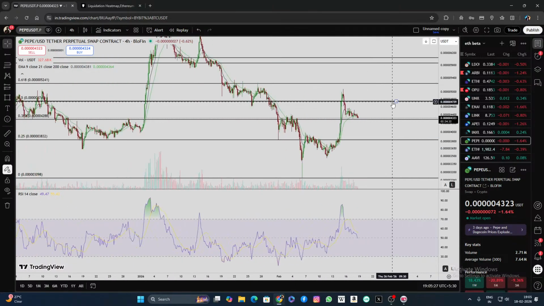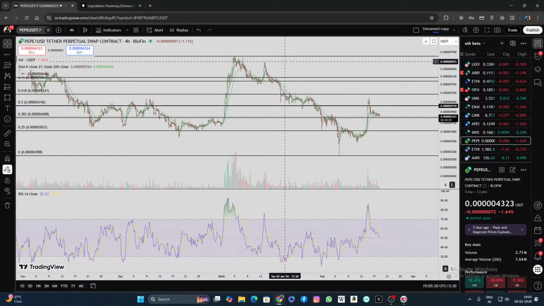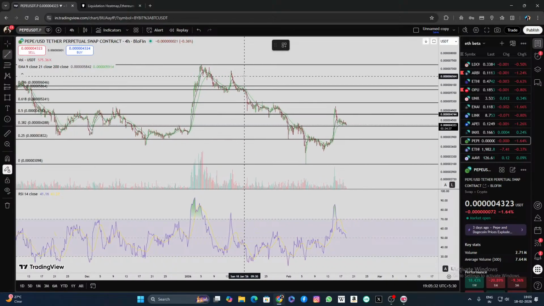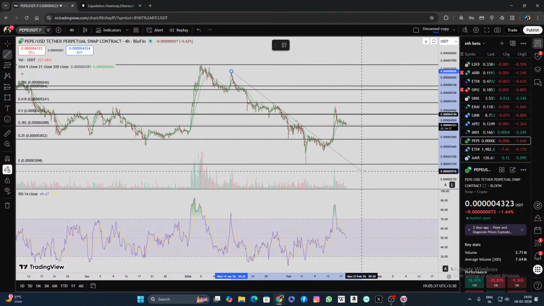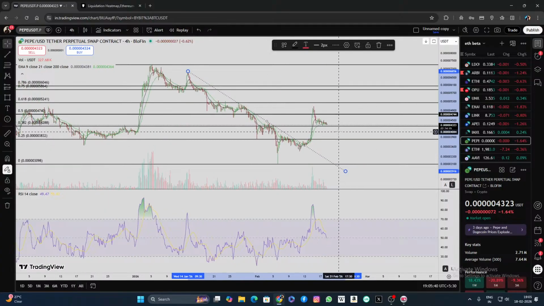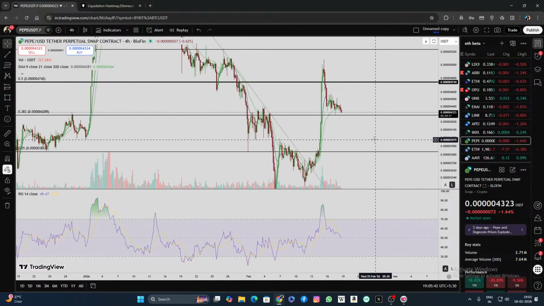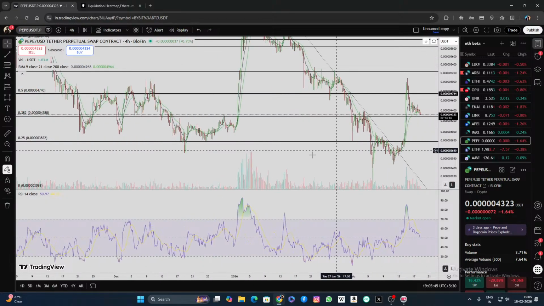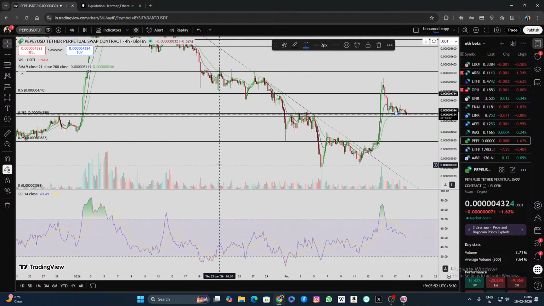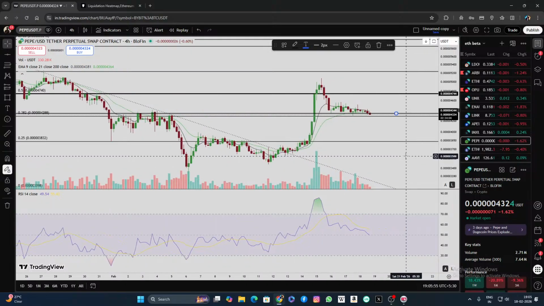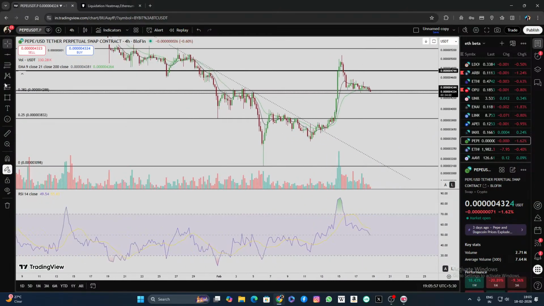Pepe, I think Pepe is looking good. Let's see. This is the zone. This is a trend line.